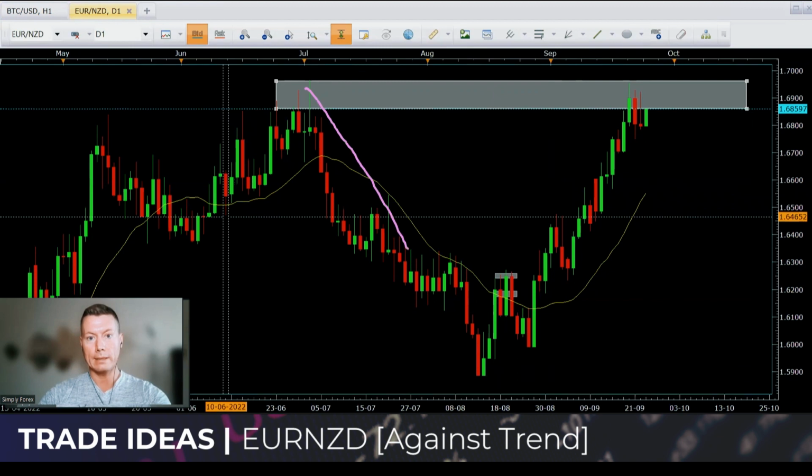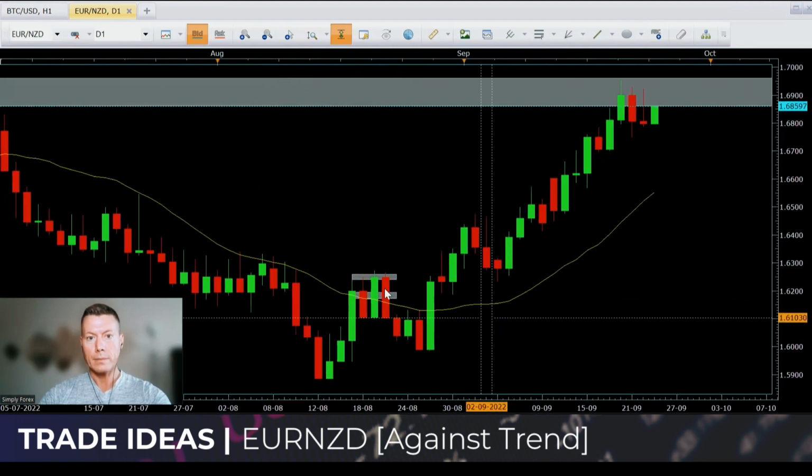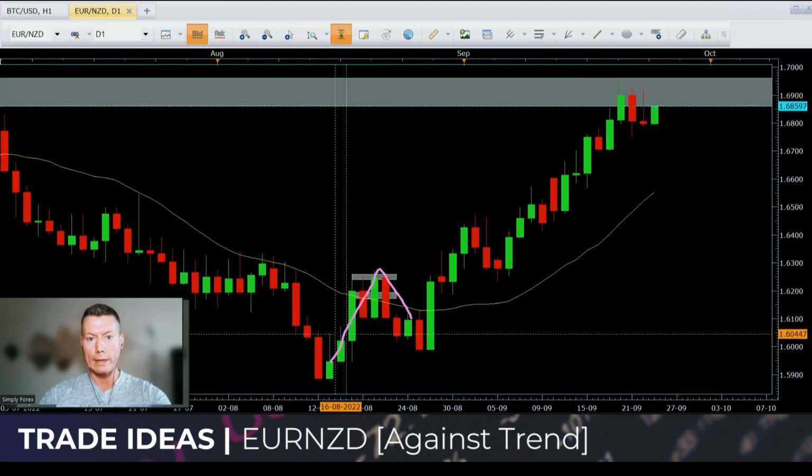Look at how it reacted last time at this level. Price is currently in this area of resistance. And if we zoom in, just to show you we are against trend, I know you can see that, but just to clarify, it's clearly in an uptrend, hence the term against trend.